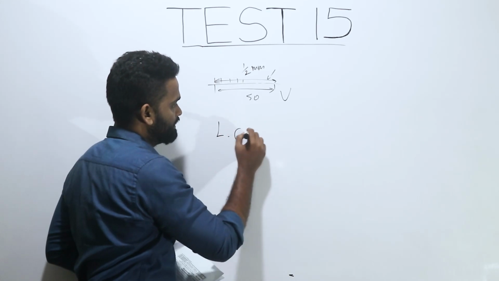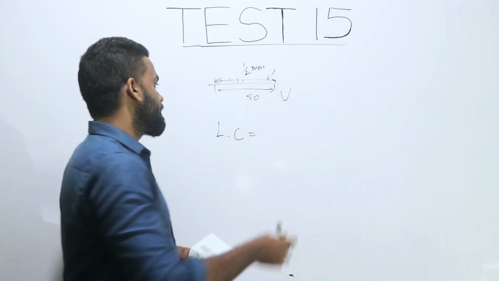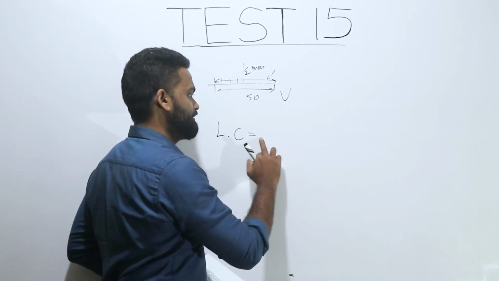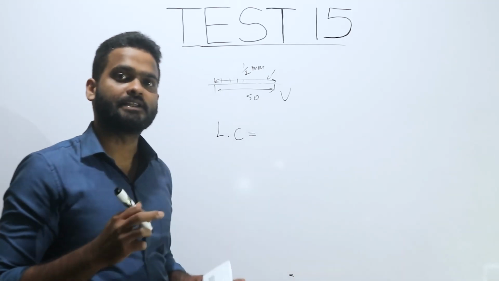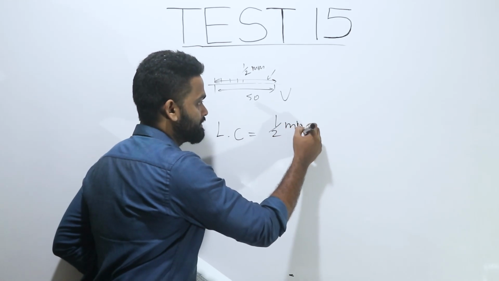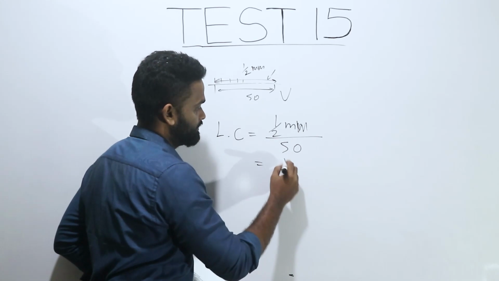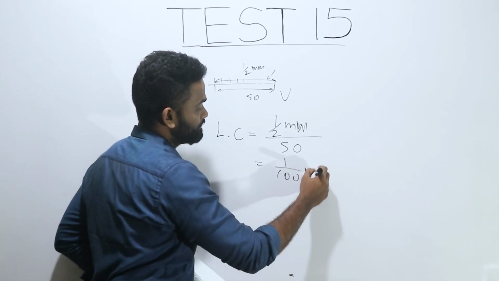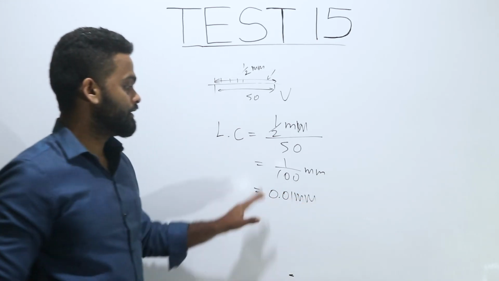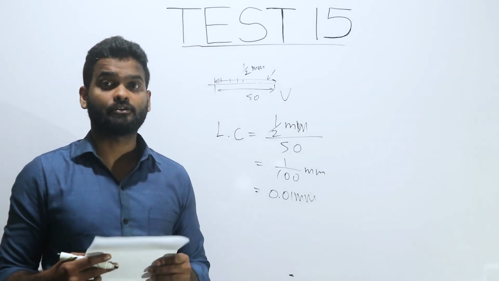So the equation to find the least count, I'll use a simple version: least count of the main scale divided by the number of parts in the vernier scale. The least count of the main scale is 0.5 millimeter, divided into 50 parts. So this is 1 over 100, which is 0.01 millimeters. So 1/100th of 1 millimeter is the least count of a traveling microscope.